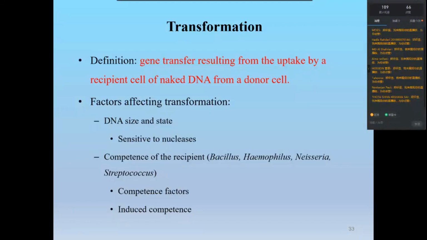We culture the bacteria and we treat them with chemicals so that we can make them competent. And then we can use that competent cell to take up a plasmid, to express it or to expand it. So those are the different factors influencing transformation.